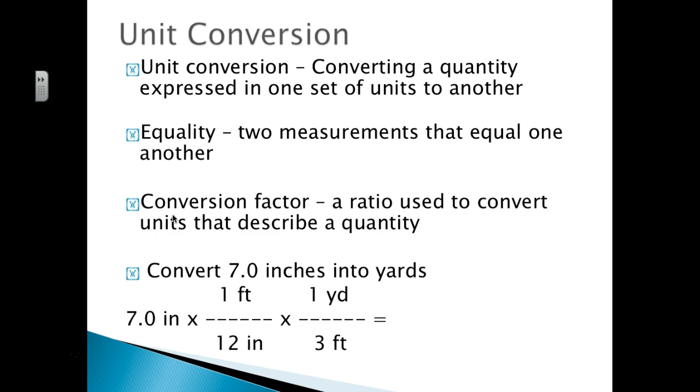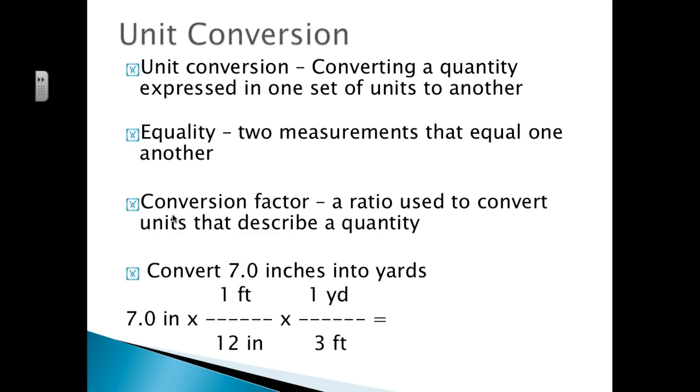For example, 60 minutes equals 1 hour. 100 pennies equals $1. Another easy equality is 1 meter equals 100 centimeters. Once you have an equality, you can use that to create a conversion factor. It's a ratio used to convert units that describe a quantity.